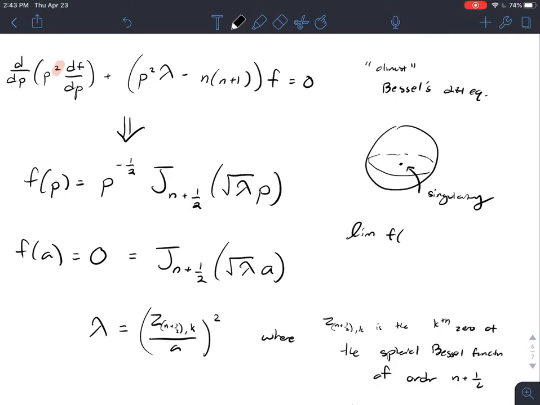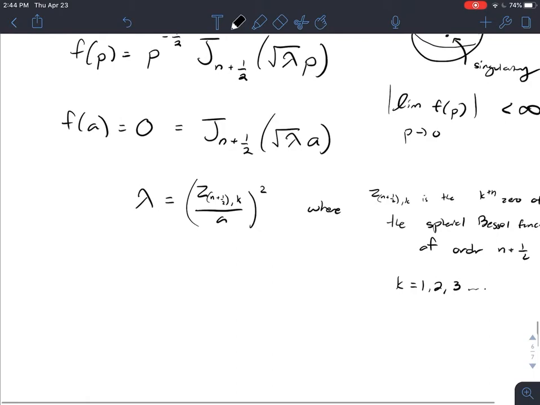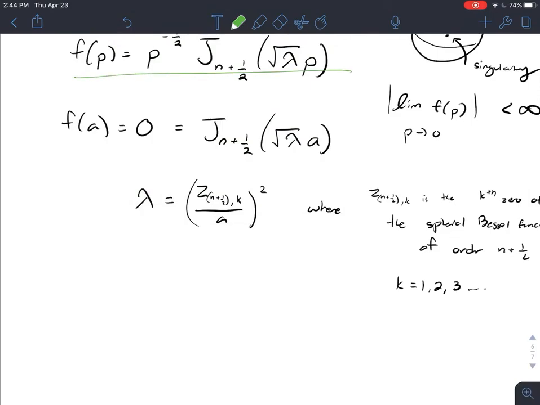So the limit of f of rho as rho approaches 0 has to be less than infinity. And our y term still goes to infinity as it approaches 0, and j is bounded at 0. So we're going to keep the j term. Same idea as for Bessel functions, nothing new essentially. So let's quickly underline in green what we're looking for here.